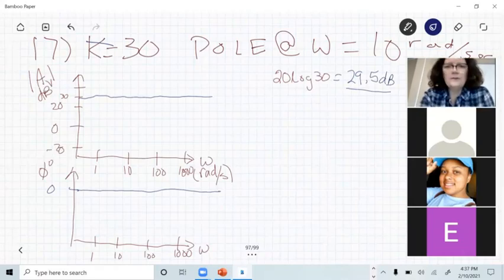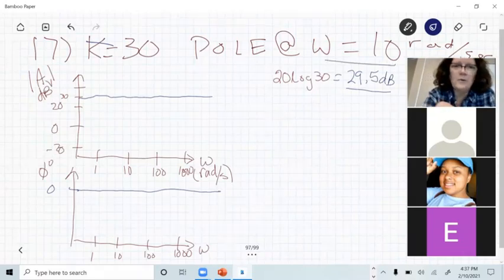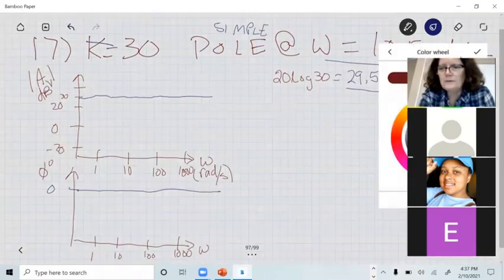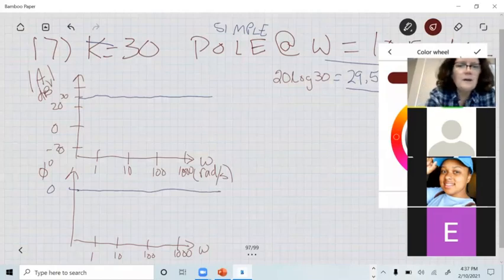I go back to that sheet. I have a pole at omega equals 10. It's a simple pole. I'm going to change colors again. At omega equals 10, orange is fine.